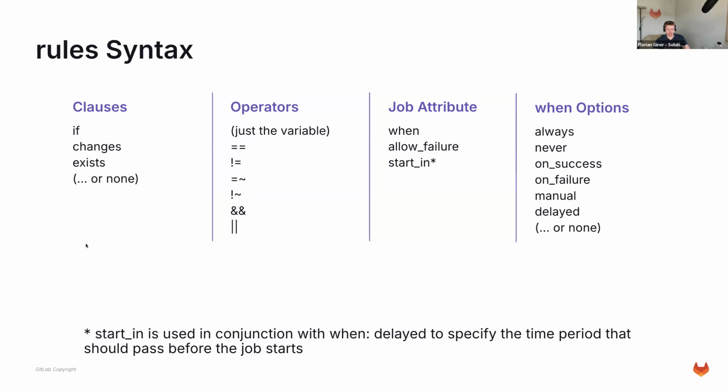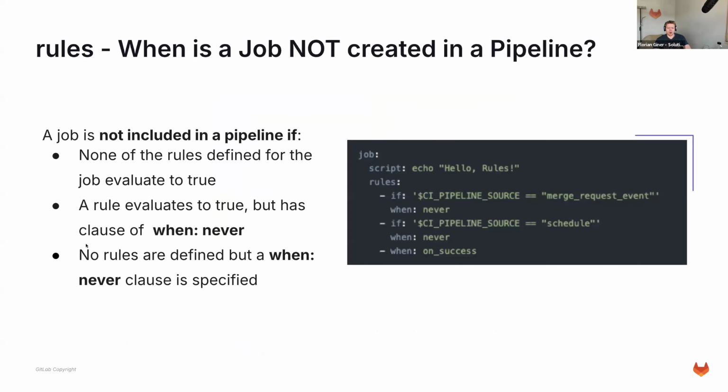So let's see this in action. First of all, we want to give you some examples of when a job is not created or not executed in a pipeline, and there are three cases. The first one is if none of the rules that you define evaluate to true. You define some rules, none of them evaluate to true, so it's not executed.